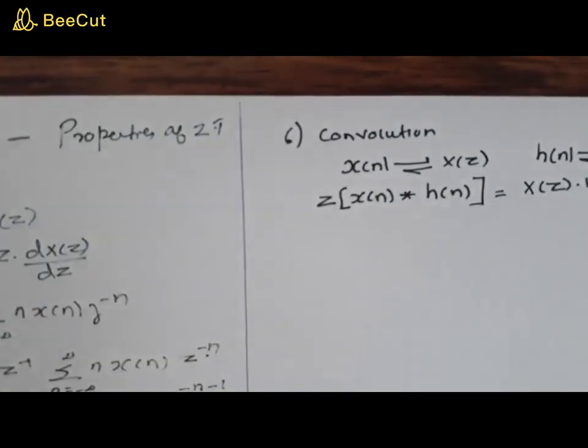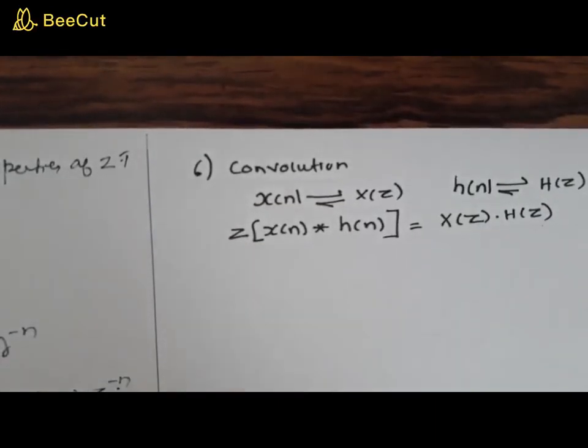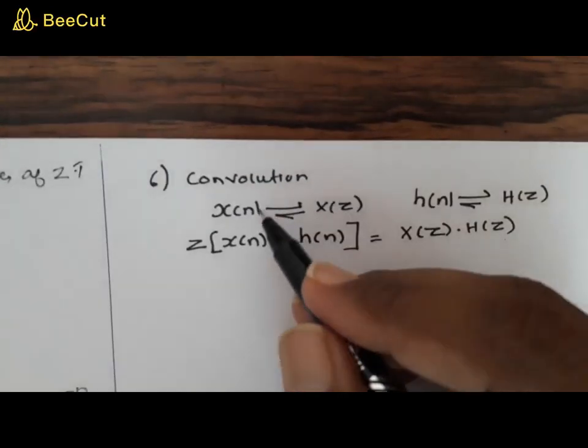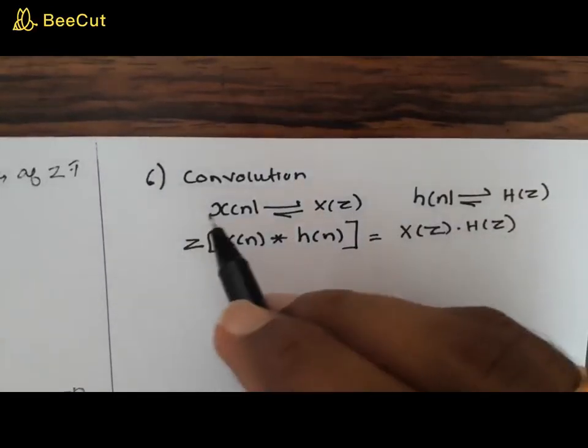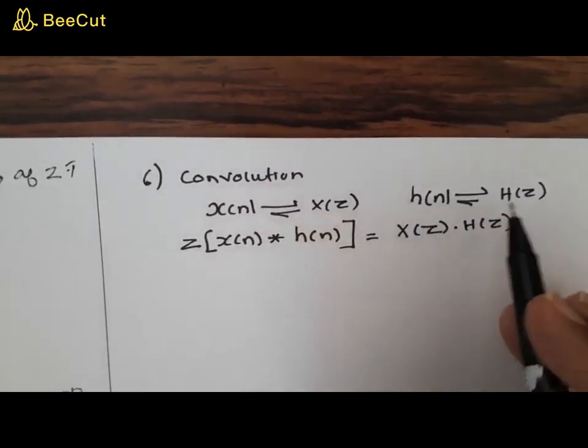Okay, now next is the convolution property. In order to explain the convolution property, you need to assume minimum 2 signals, x of n and h of n, whose z transforms are given as x of z and h of z.